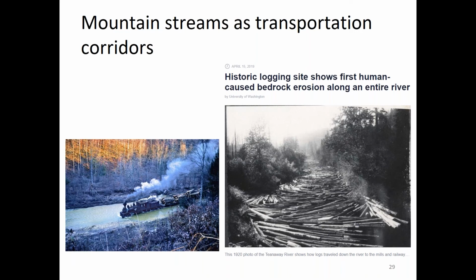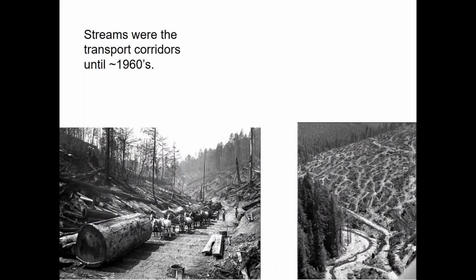Logging had a particular focus on its impacts in the mountain streams, where the streams were originally used as the transportation corridors to get material out of the mountains, with splash damming in the channels, which had a tremendous impact that has not been reversed. And after we got railroads into our valleys, we ran the rail lines right up the stream bottoms as well.